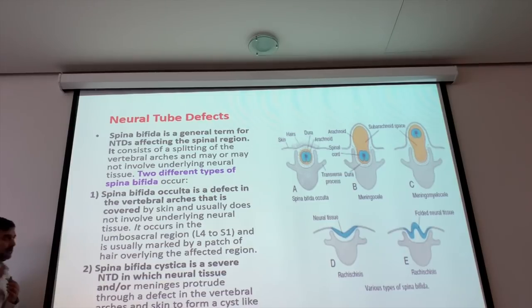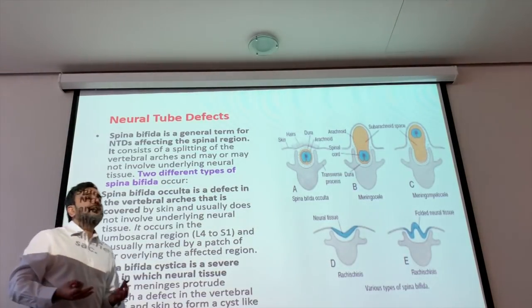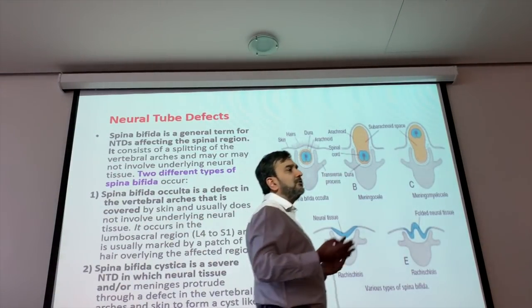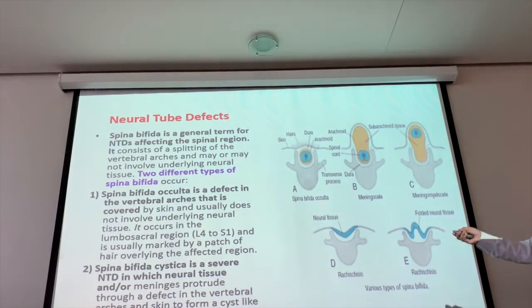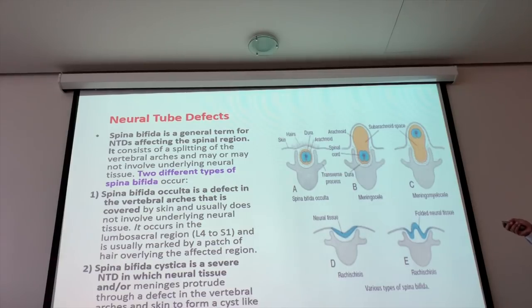Now, the most common type of neural tube defect is called spina bifida occulta. Occulta means that you don't see anything. So what is happening is that the vertebral arch is not formed, and there is no protrusion of the spinal cord or the meninges.